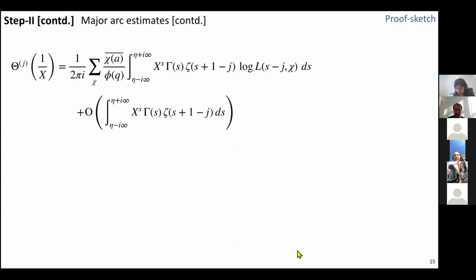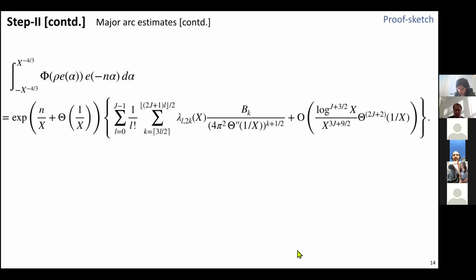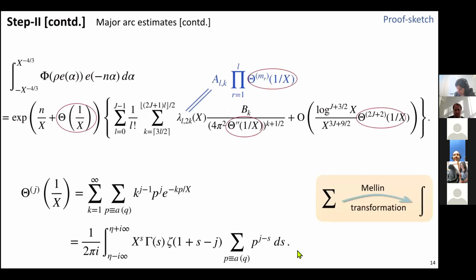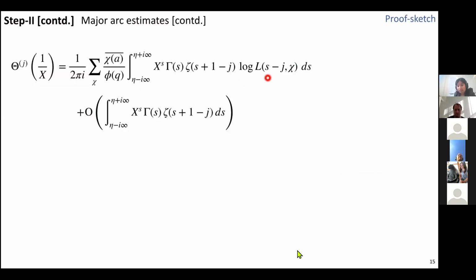And then now you have this integral on this vertical line, from eta minus i infinity to eta plus i infinity. And then there's this error term that I have written because my sum here was over p, so it was p to the power j minus... so it was not exactly log L. There is some error term, and that's the error term that you would get here.